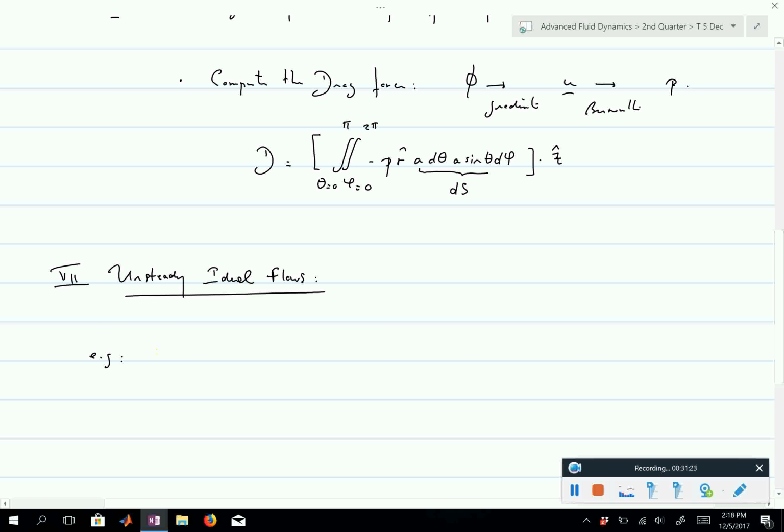So let's take this example of a sphere of aluminum or a soccer ball or anything, right? Which accelerates in a fluid, and that could be air, or water, or any of these.